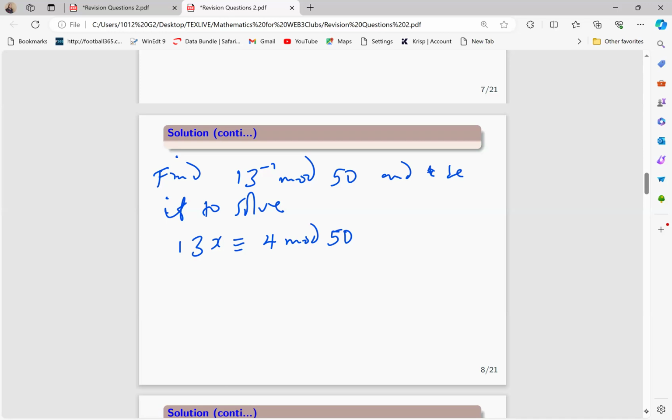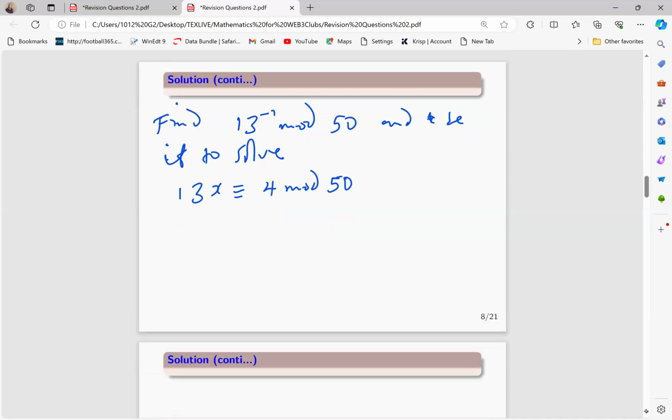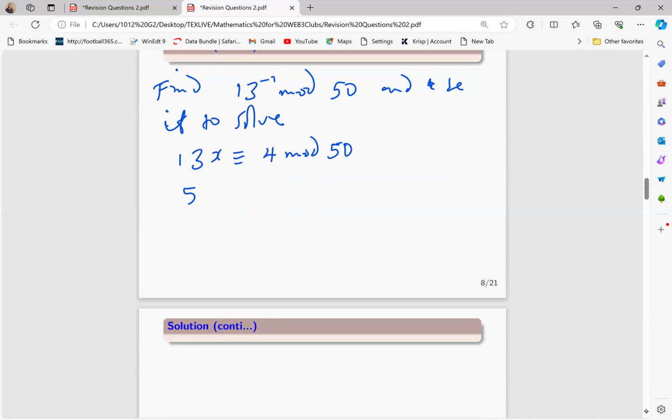So we have begun another round. First we find the GCD using Euclid's algorithm. So 50 equals 13 times 3 plus 11. 3 times 13 is 39.